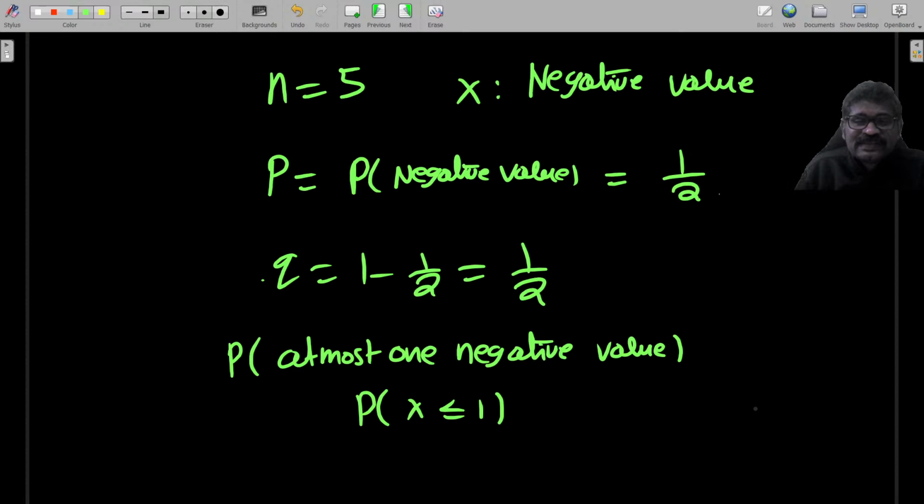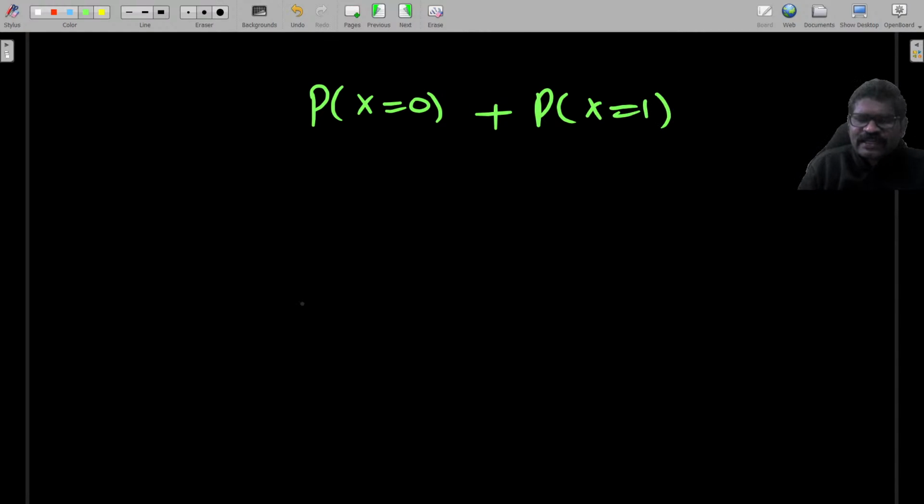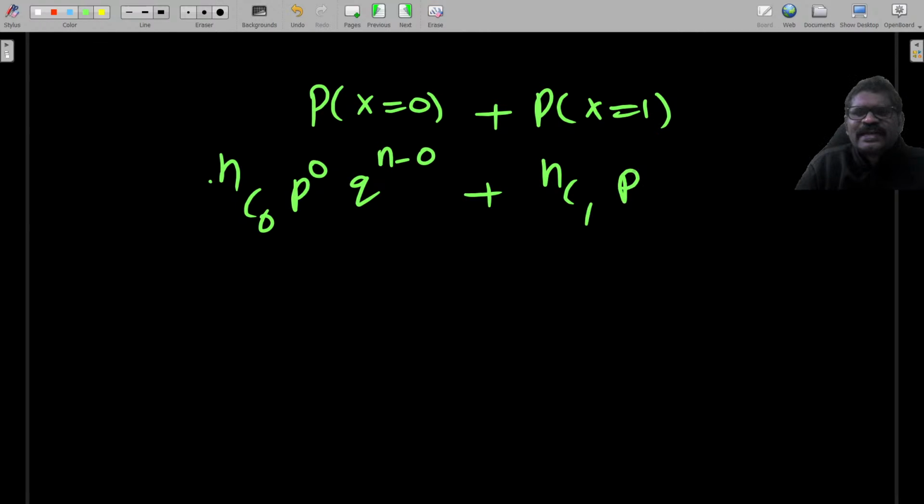At least means x greater than or equal to 1. It is at most, that's why x less than or equal to 1. That is the probability of x equal to 0 plus the probability of x equal to 1. The probability of x equal to 0 is nc0 p^0 q^(n-0). X equal to 1 is nc1 p^1 q^(n-1).